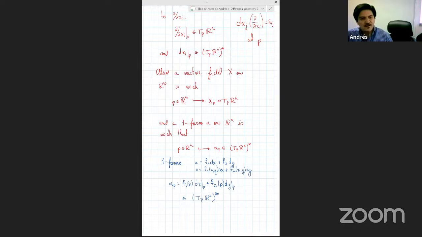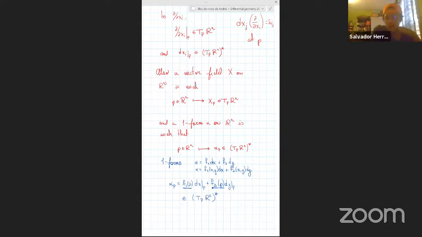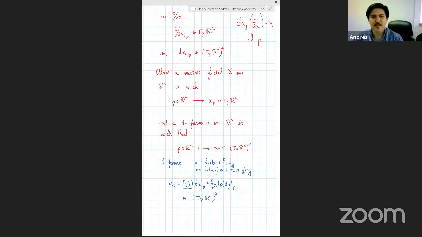So at a point, I get a vector in this vector space, in the dual, right? So now this is a number, and this is also a number, okay? So once you pick a number, basically you are in linear algebra.